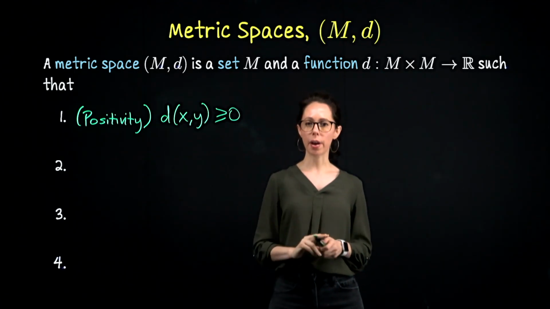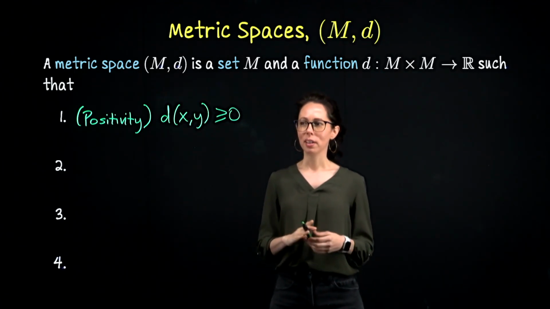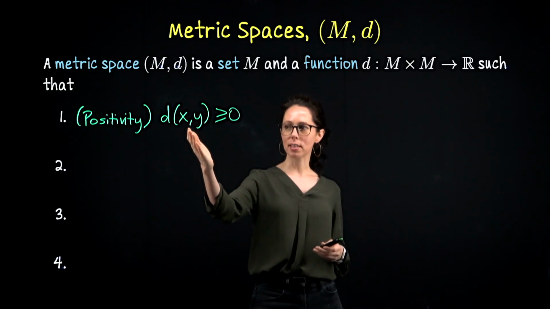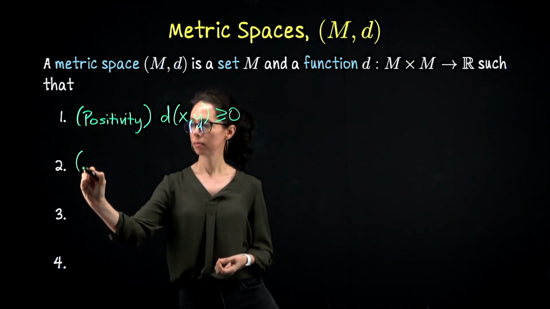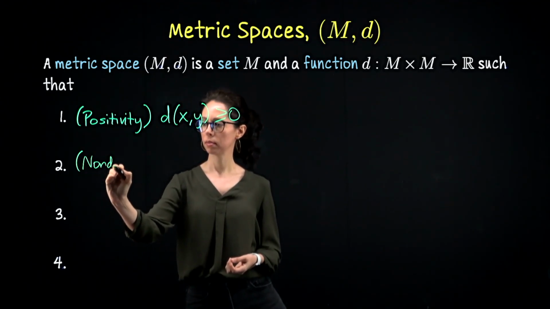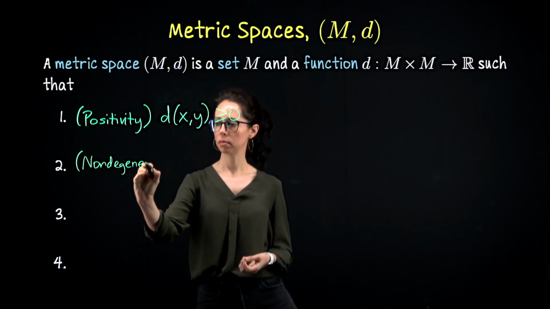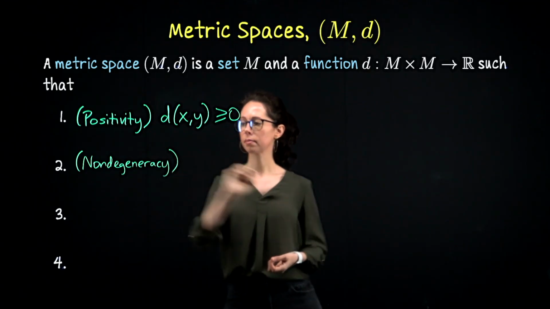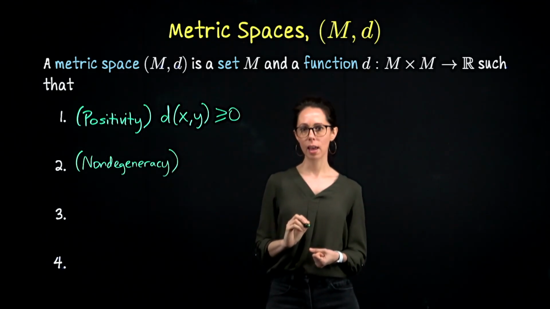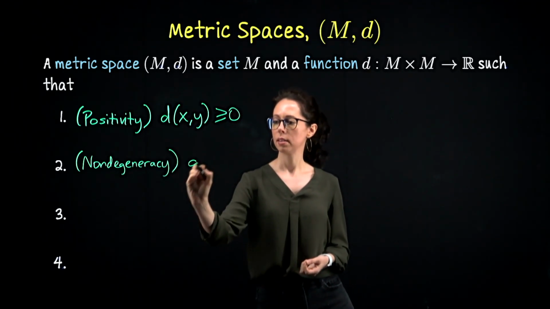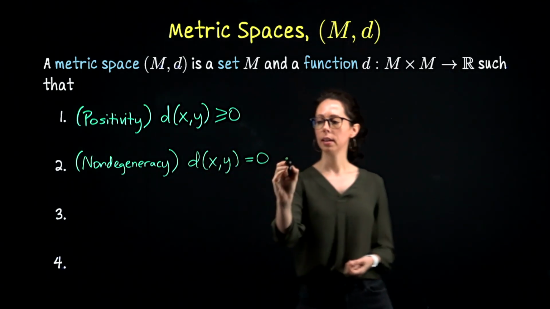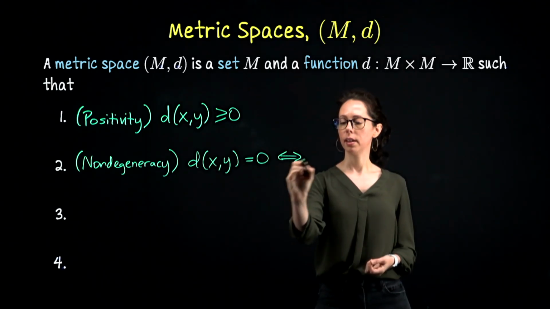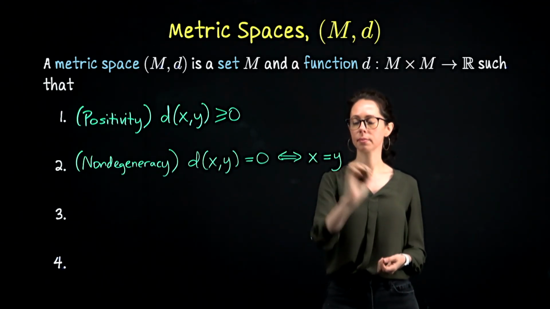Distance could be 0, but when is it 0? If and only if you're measuring the distance from an element to itself. We call that non-degeneracy. So that means that d of x comma y is 0 if and only if x and y are the same.